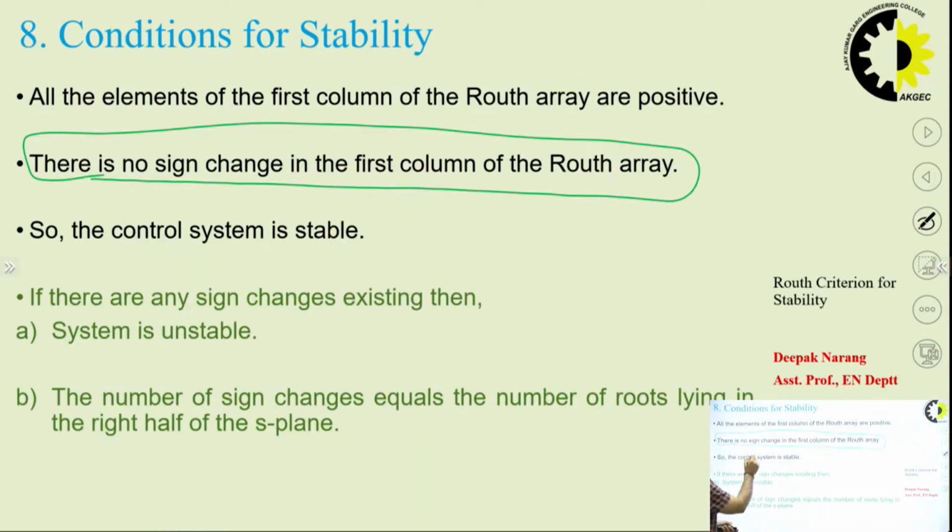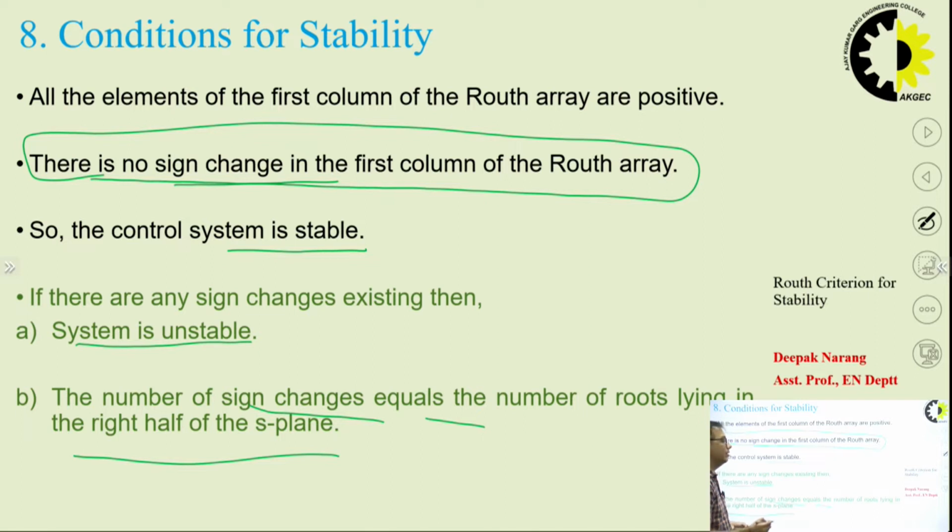If there is no sign change, then we can say our system is stable. And if a sign change is there, the system is unstable, and the number of sign changes depicts the number of roots lying on the right hand side of the s plane.